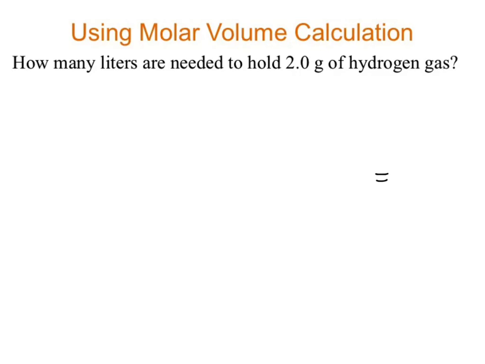What do I want for an answer? Liters of hydrogen gas. What am I given to start with? 2.0 grams of hydrogen gas. Is hydrogen gas the same thing as liters of hydrogen gas? No. One's grams, a mass, one's liters, a volume. So what has to happen?